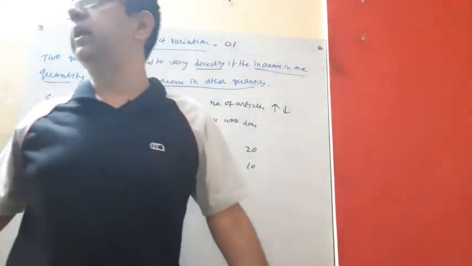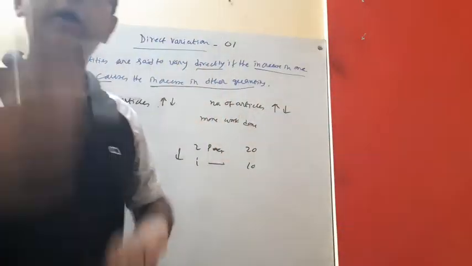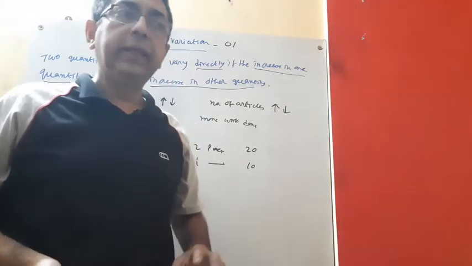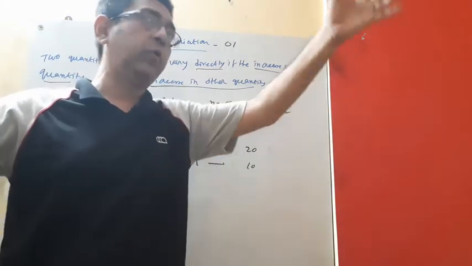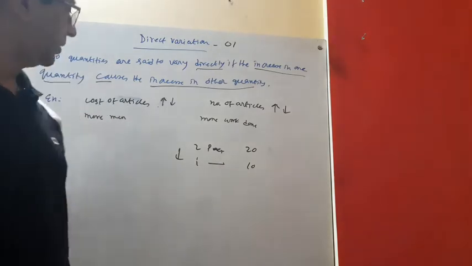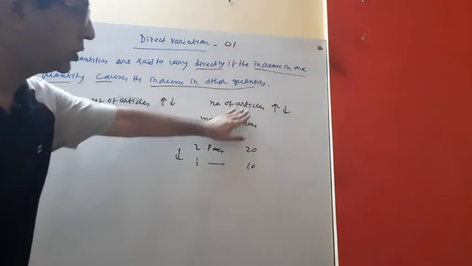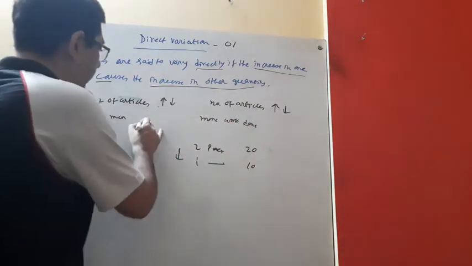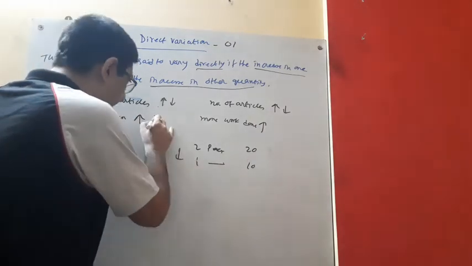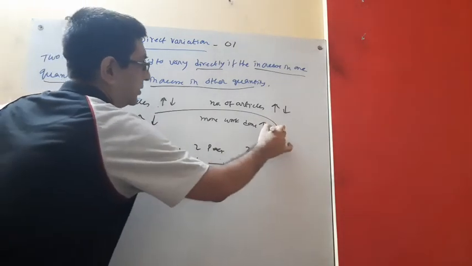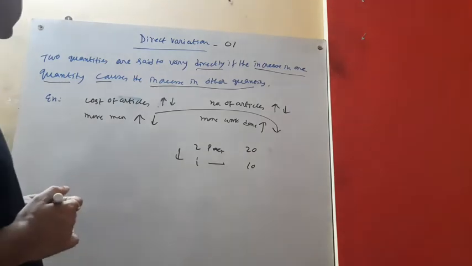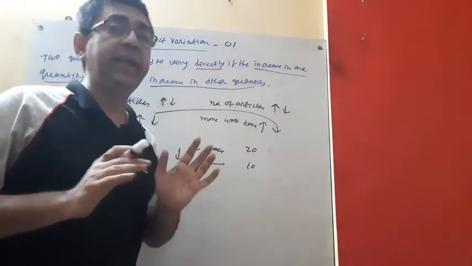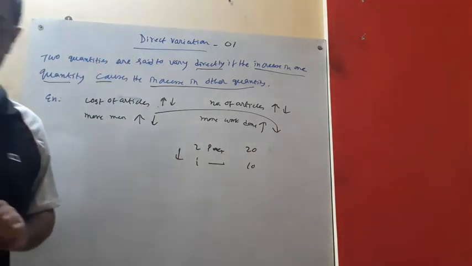If I employ 3 or 4 people at work, then the work will be done very soon. That means the more the men, the more the work done; the fewer the men, the less the work done. These are all examples of direct variation. Okay.